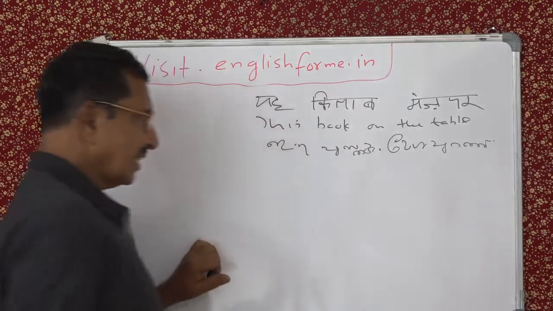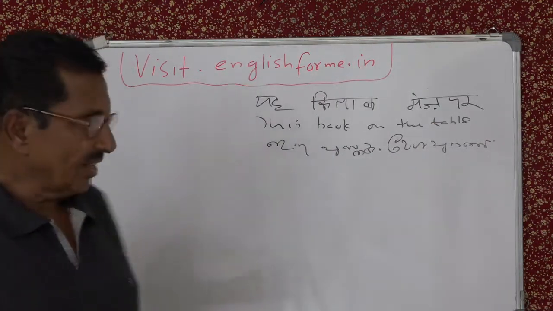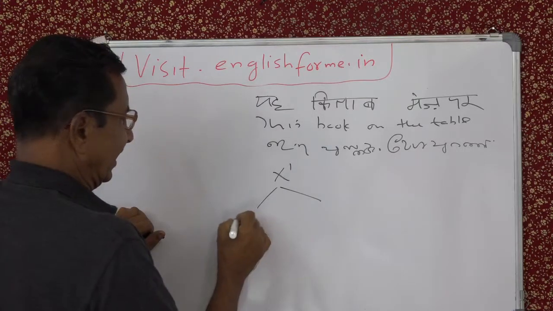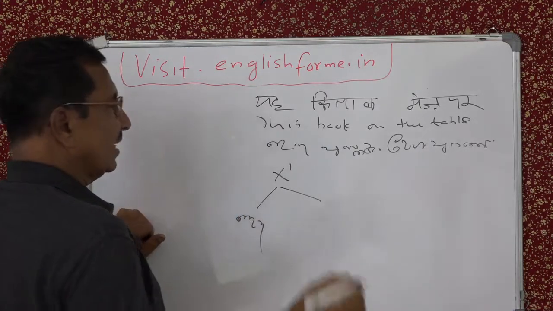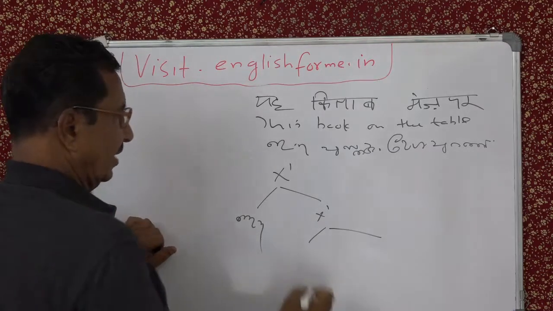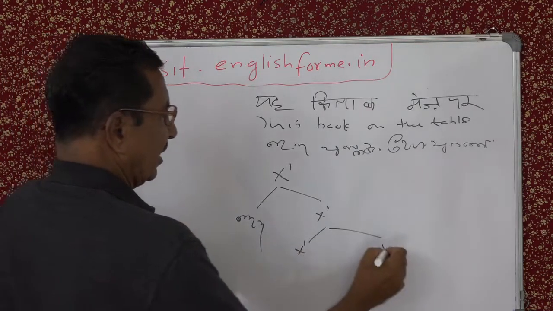That is the translation. So you can say the same thing now. Xbar. E. That is specifier. Xbar. And you have got the Xbar adjunct.